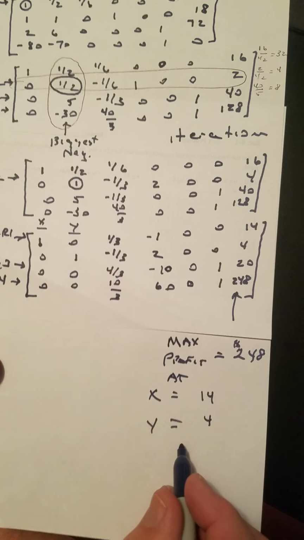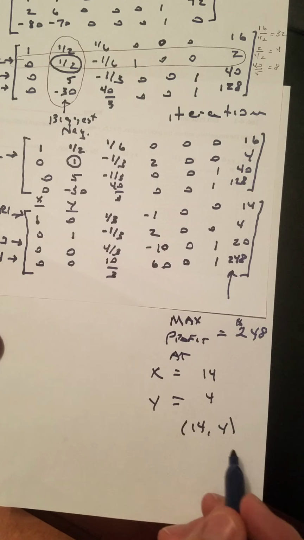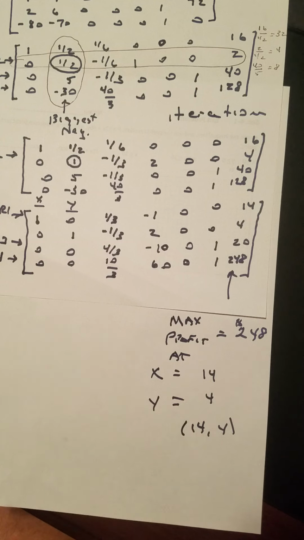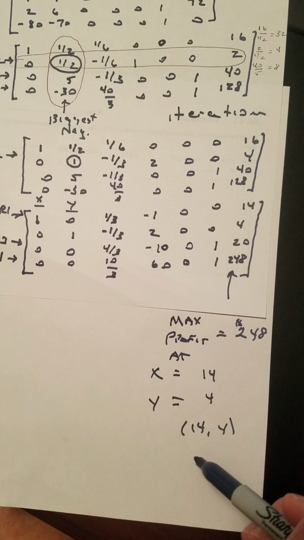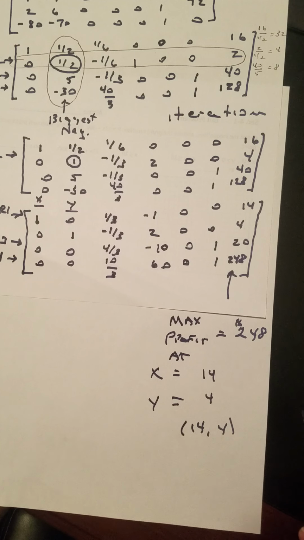You can think of that as being 14, 4. And if you remember on this problem, I didn't say this, but it's the same problem that we used as an example in chapter 3. And I think we were talking about sofas and chairs or something like that. So we would maximize it if this was 14.